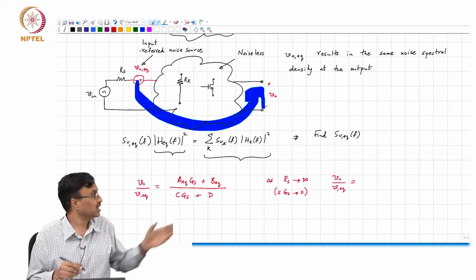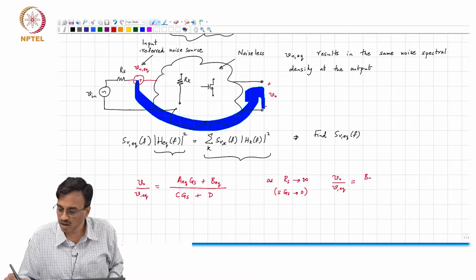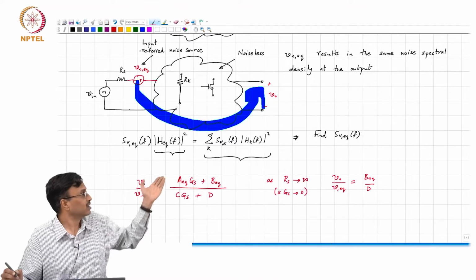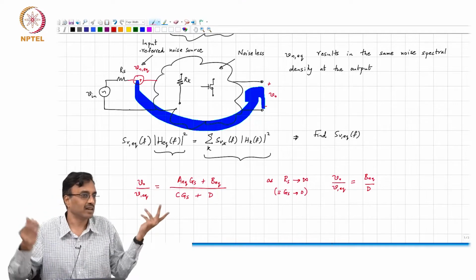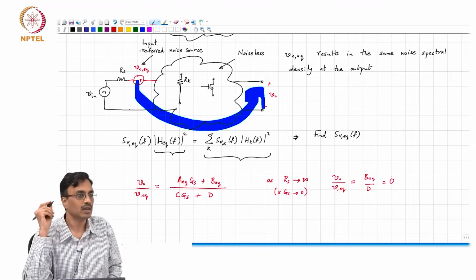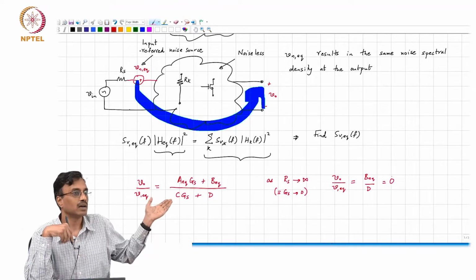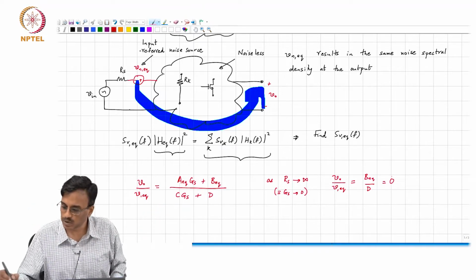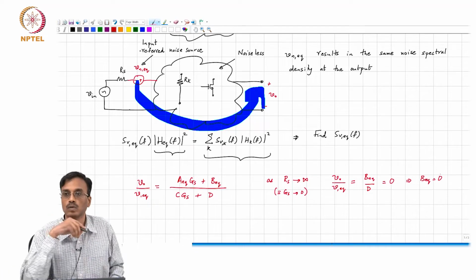So obviously as GS tends to 0, this is B equivalent by D, but simply inspecting the network tells you that if I remove the resistor, there is no output to talk of, and therefore this must be equal to 0, right? And therefore, what does this mean? B equivalent must be 0.